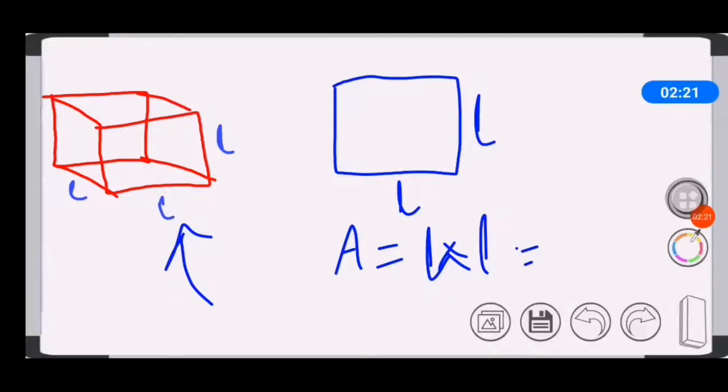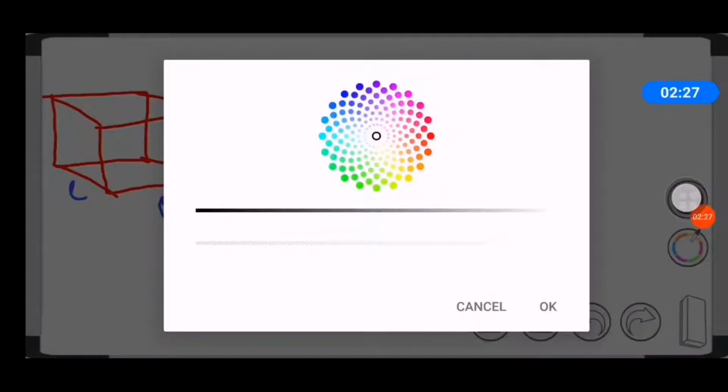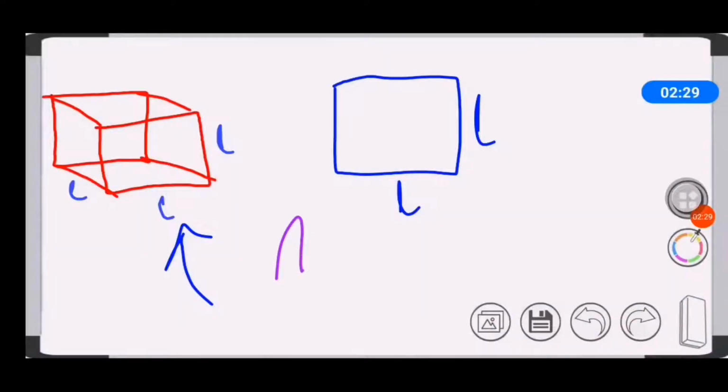To apply that in finding the total surface area of the whole shape, the front face will be length squared. That is L times L, right? When you look at the back face, same as the front face, length squared. When we look at the top face, same thing.